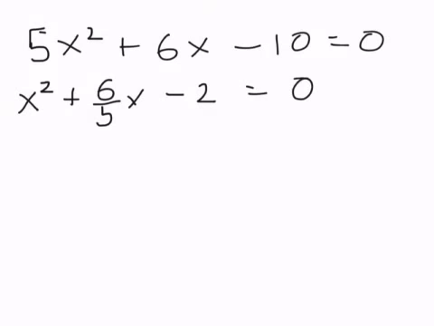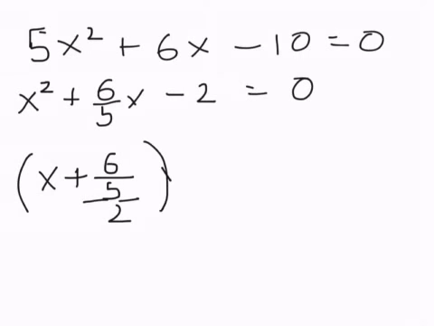So now if you remember what we do, you can watch that last video again. We do x plus 6 over 5 divide by 2, if you remember, and that's it, close the brackets, squared, and then we add that big A, and that's going to equal 0.